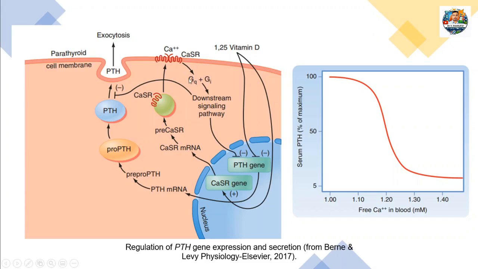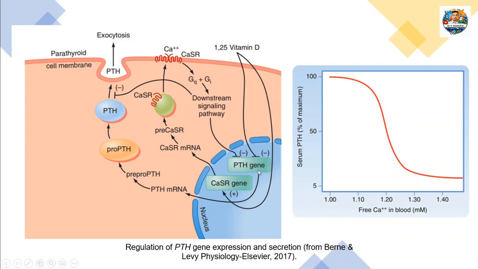We have discussed in detail regarding the G proteins in an earlier lecture. Particularly Gq and Gi are coupled to the calcium sensing receptor. Once these G proteins are activated, then they will activate a downstream signaling pathway. The output of this downstream signaling is that it inhibits the transcription of the parathyroid hormone gene.